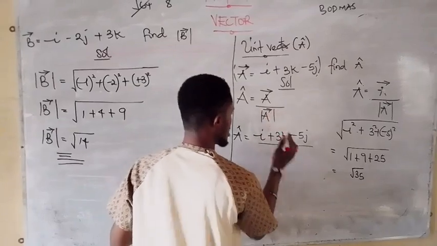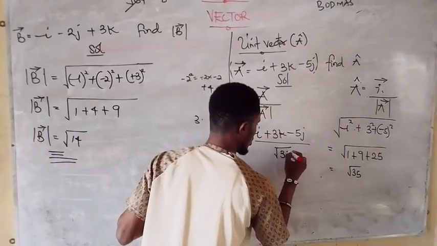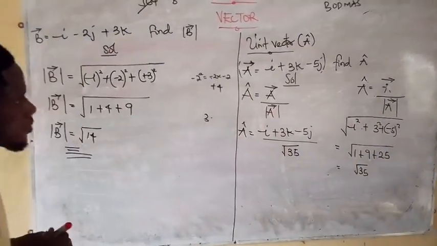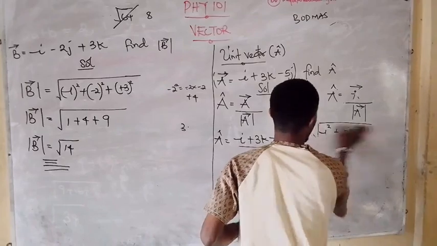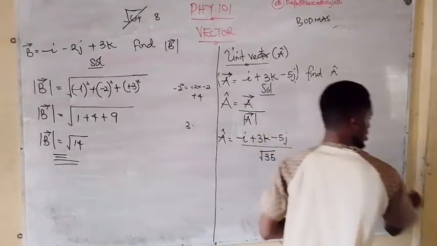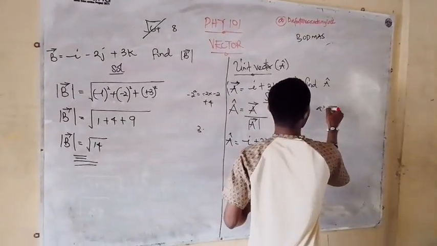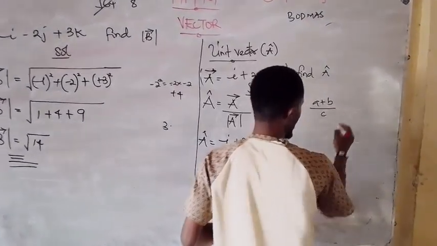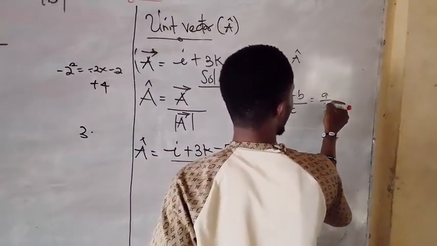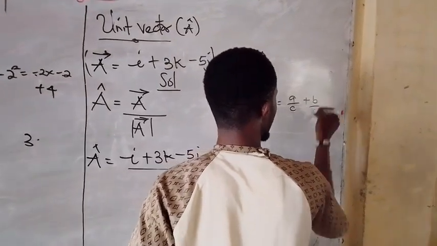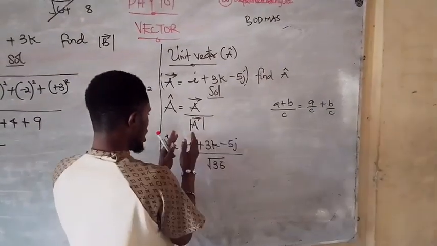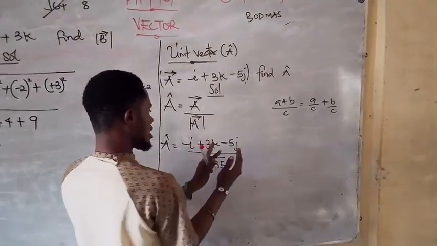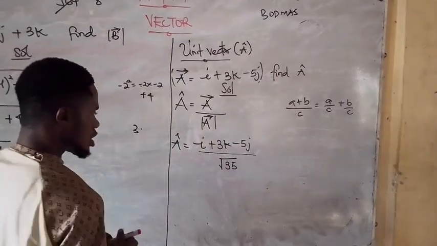So I have that this is equals to what? Root 35. Now there's a law in surd or in indices. Let me use indices. That says that if I have A plus B all over C, it is the same thing as A all over C plus B all over C. I apply that law here. That means practically each of these numerator variables carries the denominator.